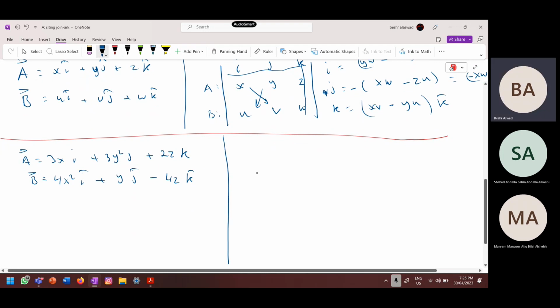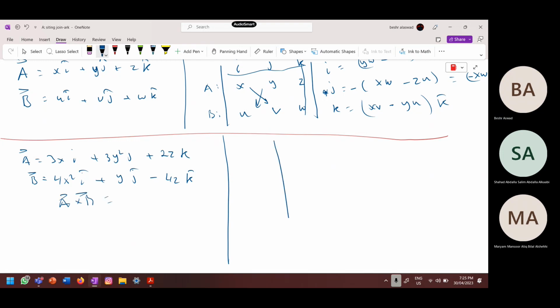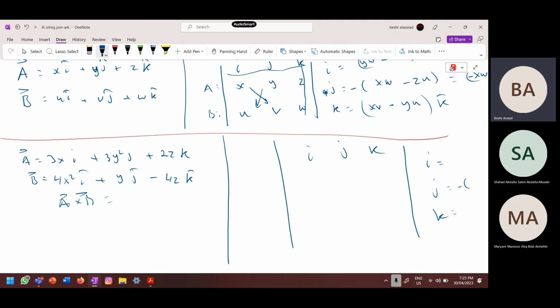We need to do the same matrix for A cross B: i, j, and k. Remember this. We'll start with the A because A is the first or the beginning of the equation. 3x, 3y squared, and 2z. As for this, 4x squared, y, negative 4z.